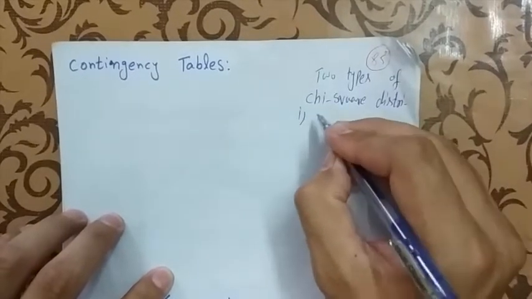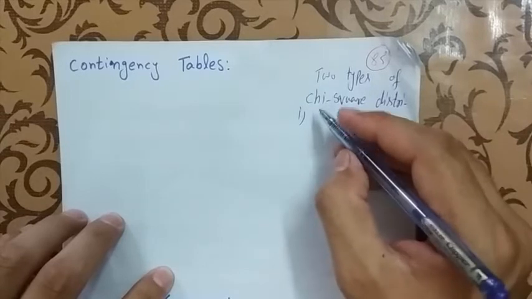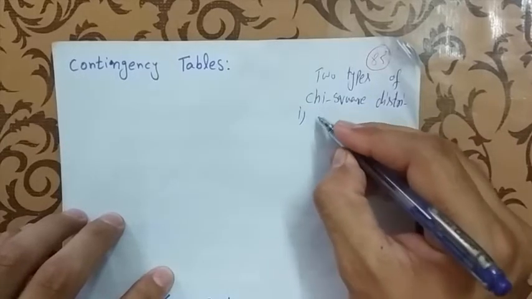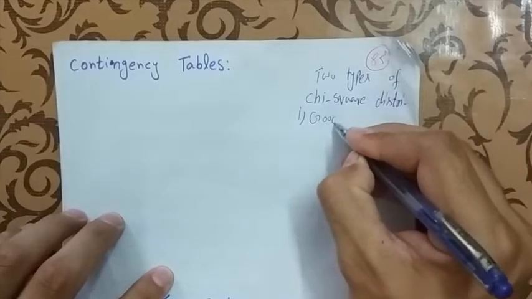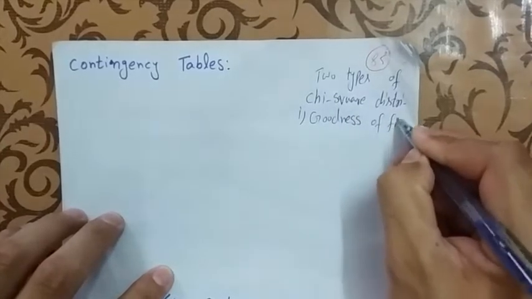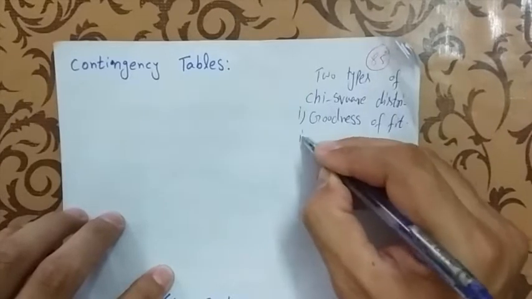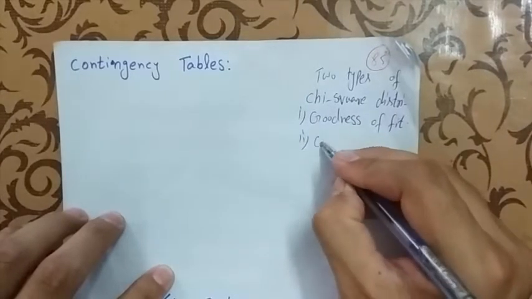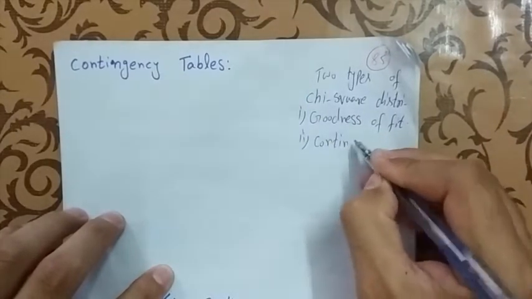One of them is goodness of fit, and the second one is contingency table.